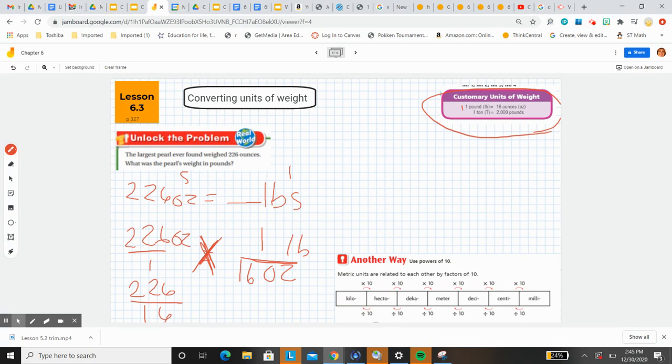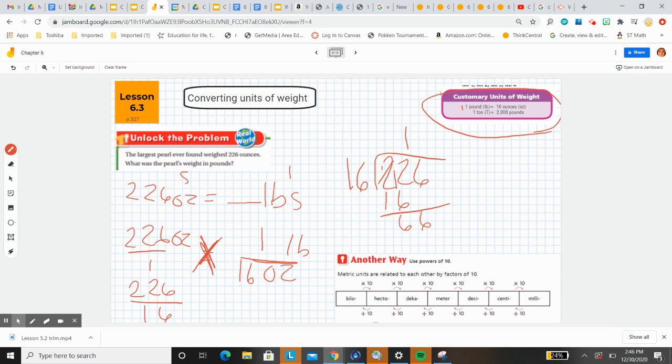When you have a fraction, you're going to have to simplify it, okay? That's basically dividing, right? So we're going to take 226 and divide it by 16. Okay, 16 goes in here 1 time. If I subtract, I end up with 6 left over. Bring down my 6.